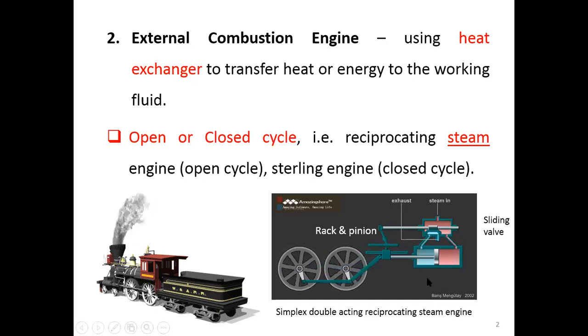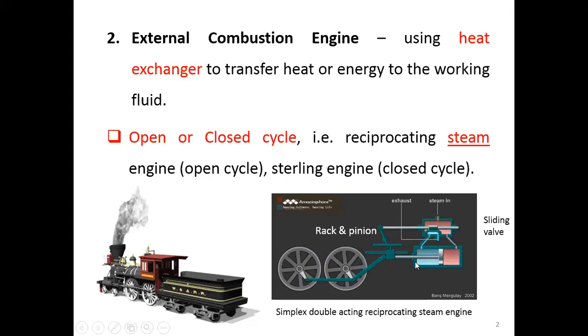And most of the engines require a lag and pinion mechanism. Lag and pinion mechanism is used to convert what? You can see that the piston moves in linear motion, but the wheel moves in rotational motion.